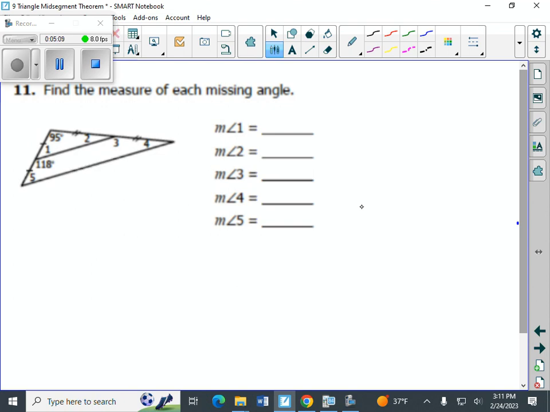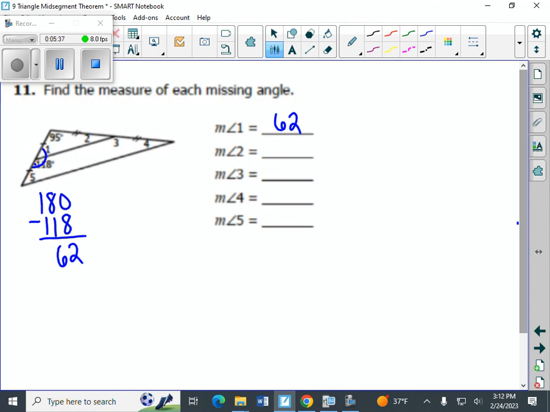We know this 118 degrees right here. If we take these two angles and add them together, we get 180. So 180 minus 118 gives us 62 degrees for angle 1.